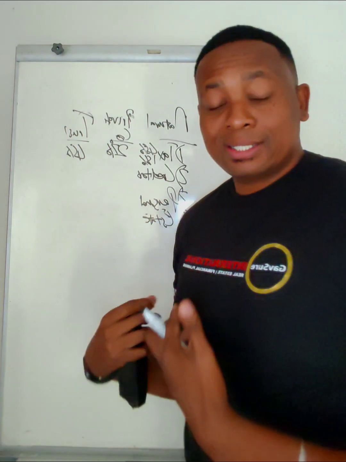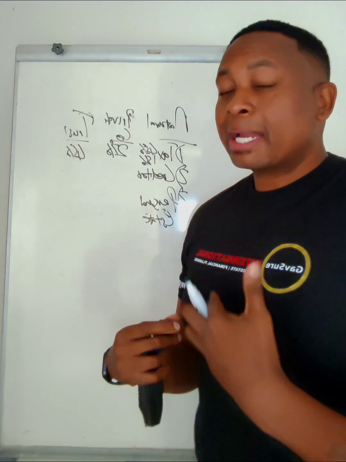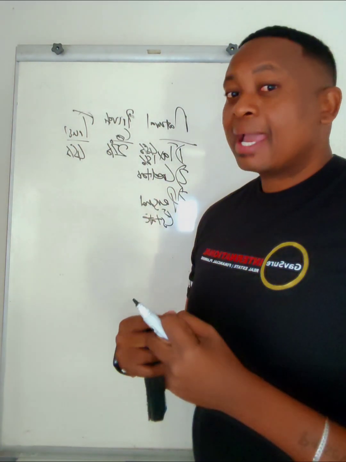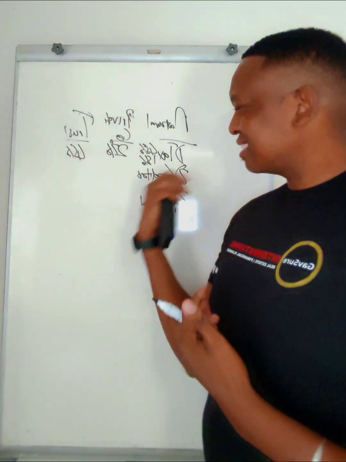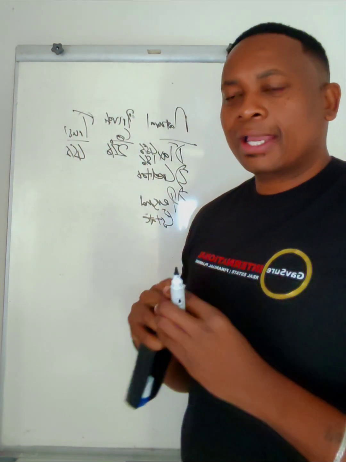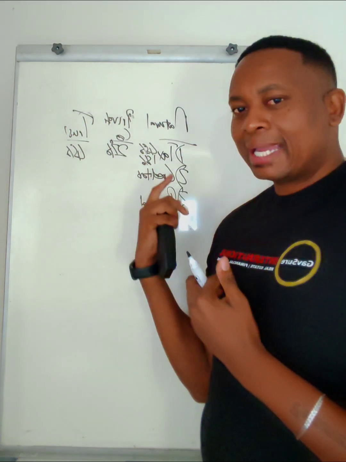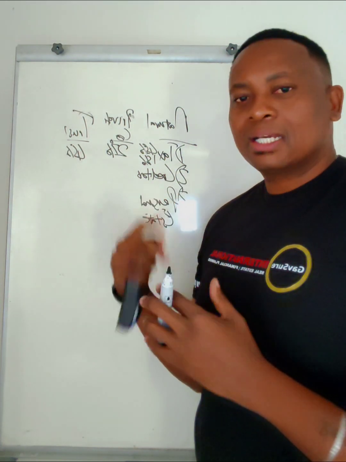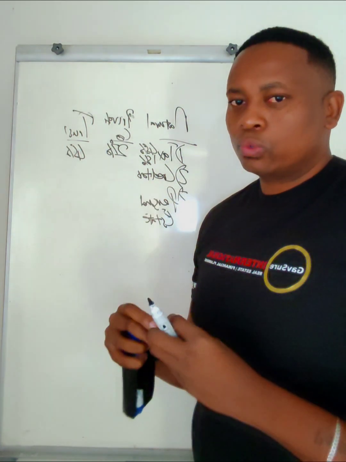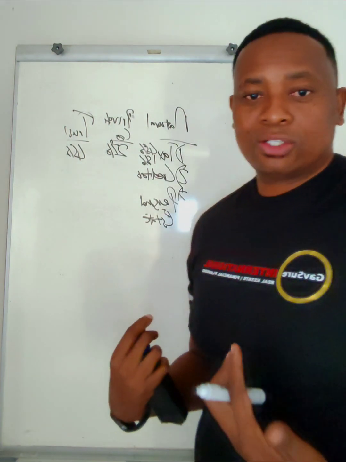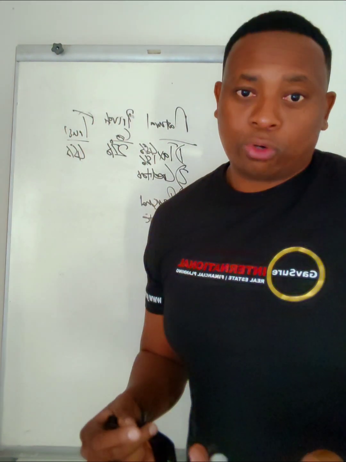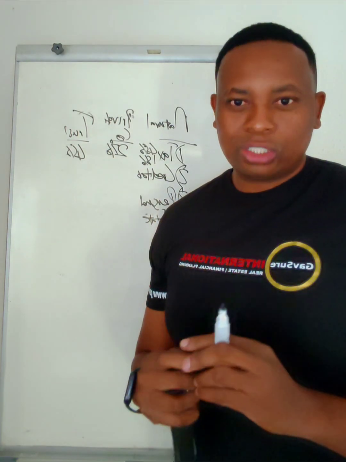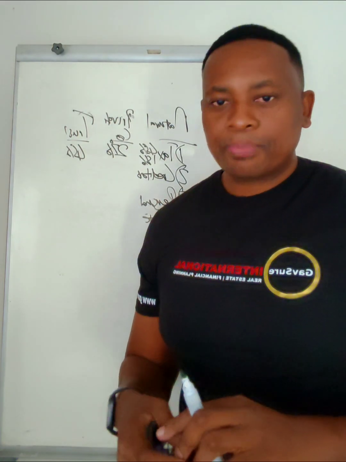If I have creditors that are coming after me, they might look at those as an asset, and they might then want to attach them if I'm in trouble. So those are some of the things that you look at to say, okay, is it the benefit of me buying in my personal estate, especially when it comes to creditors? Because things happen, guys. You might not have a creditor now, but you might have tomorrow. So those are the things that you definitely need to look at from that perspective.